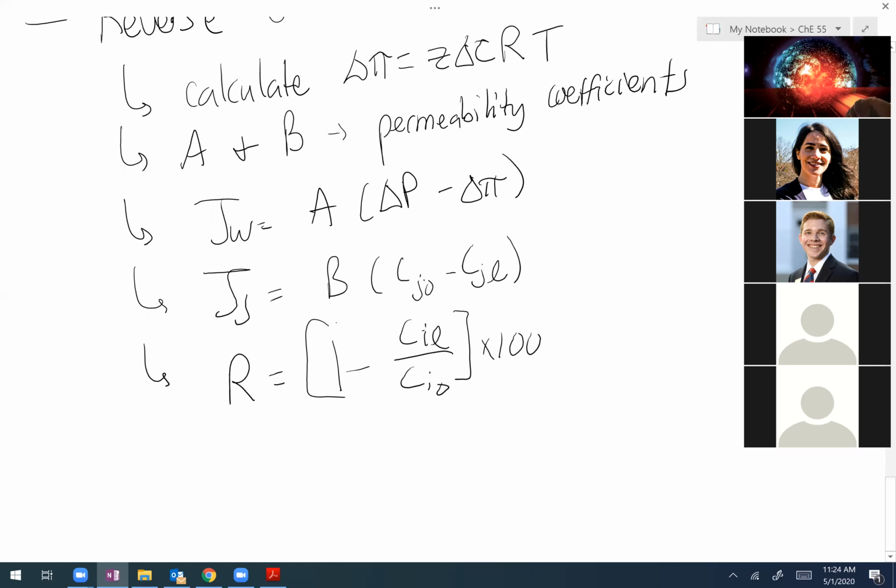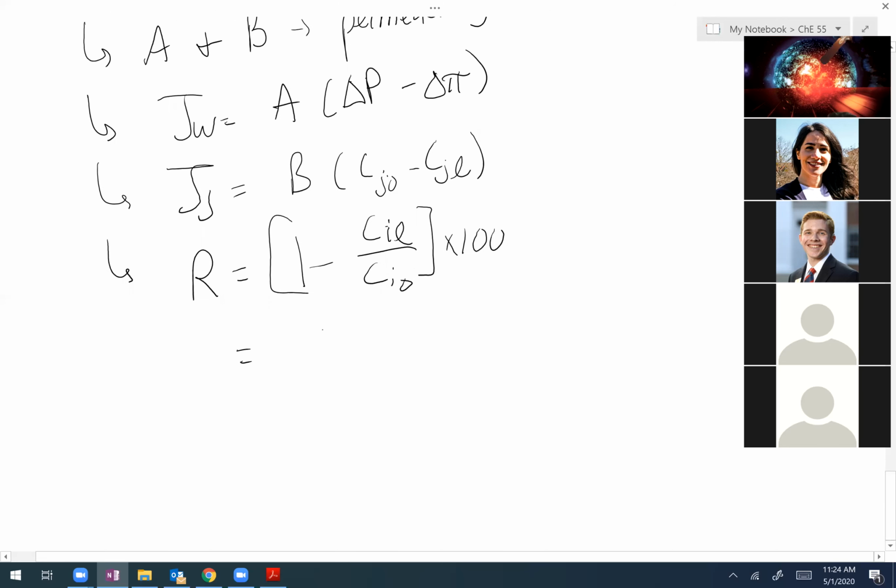And we had the other expression, which I would probably need to jump to the book because I don't remember it off the top of my head, which was a function of our permeability coefficients: 1 minus rho sub I, B over A times delta P minus delta pi, times 100.